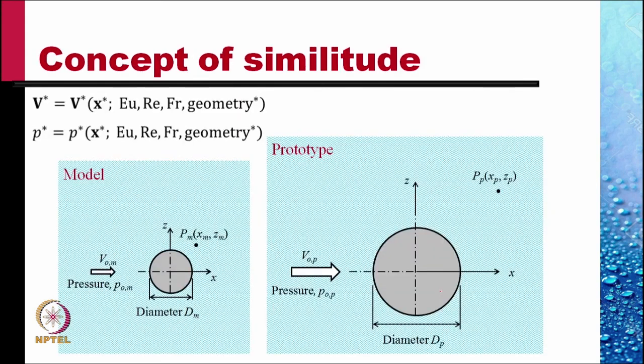So this is what we have now. We can obtain the result from one experiment, V star, and if the Euler number, Reynolds number and Froude number match, then the results for the prototype would have the same non-dimensional values of V star and P star.